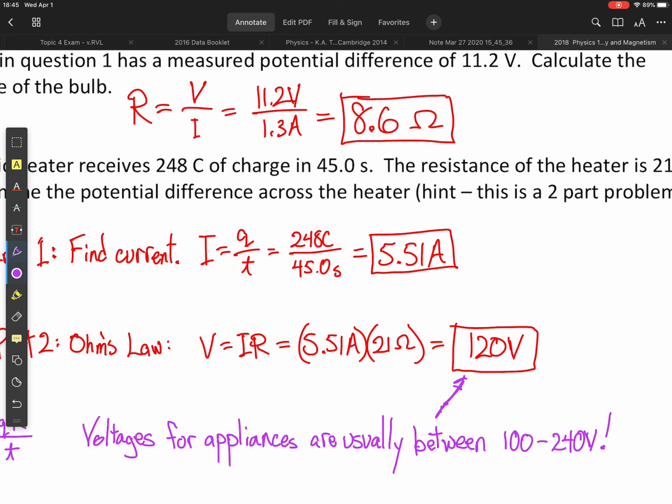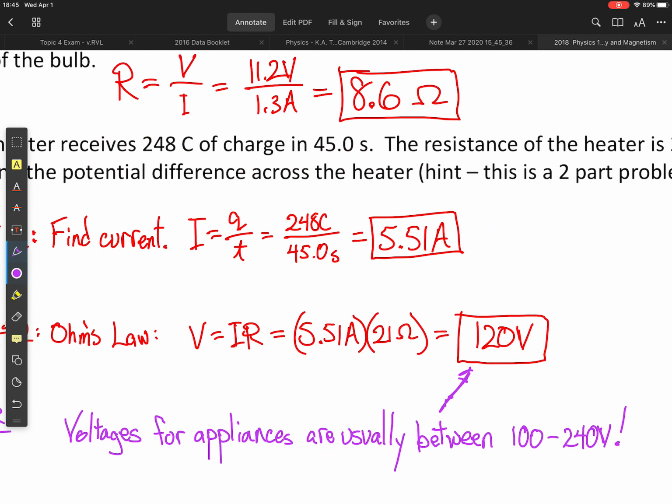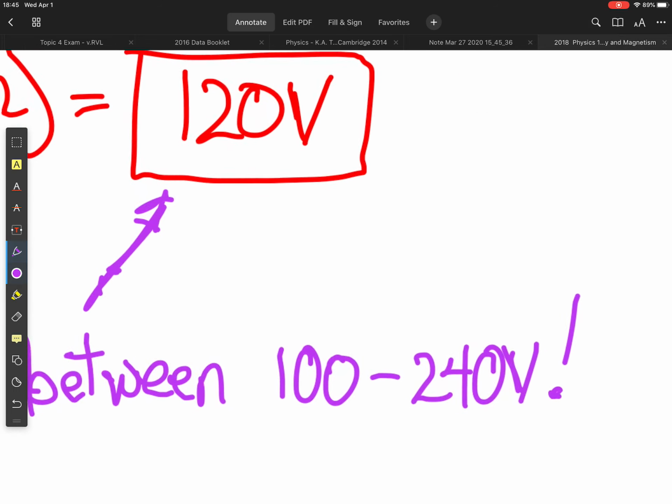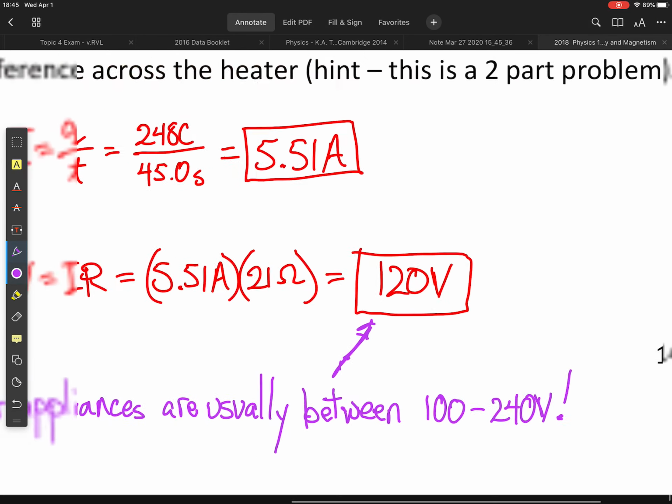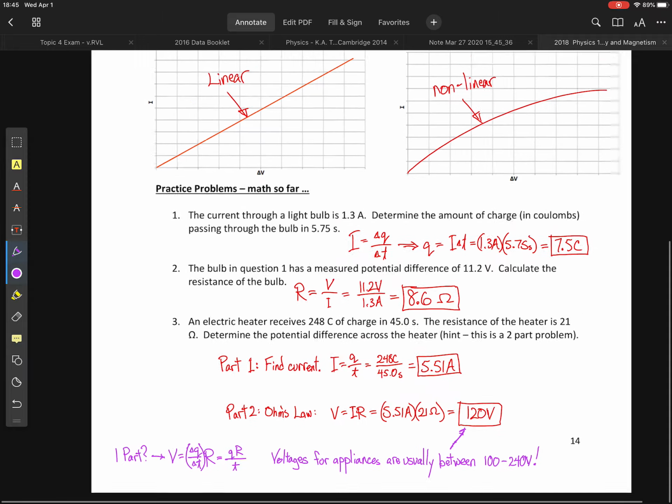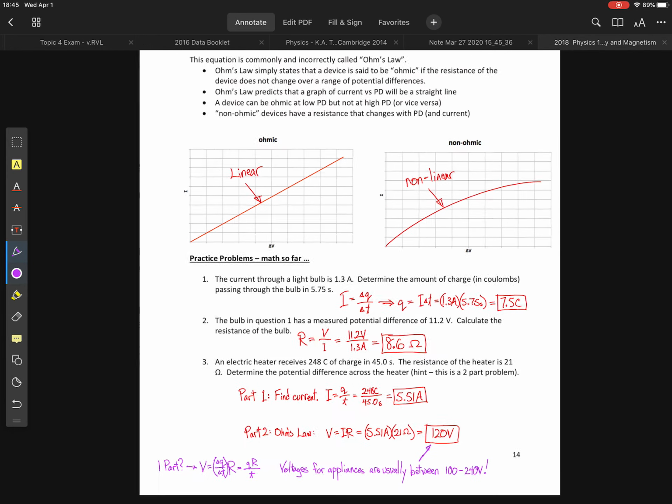Most appliances are running on 120 volts in the United States. Japan voltages are slightly lower, but most appliances will run fine on a Japanese voltage or a US voltage or vice versa. 240 volts would be a little bit more problematic. 240 volts is common in Europe, as you world travelers may perhaps know.